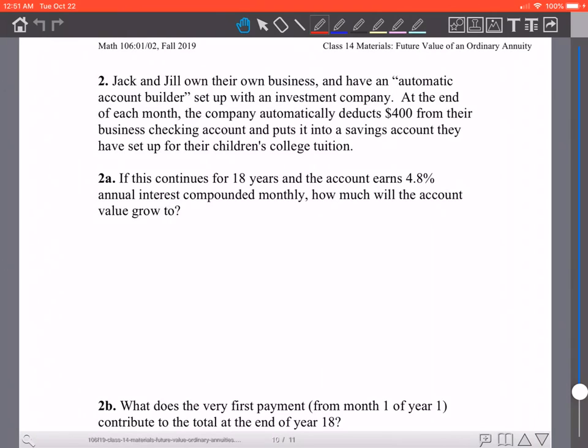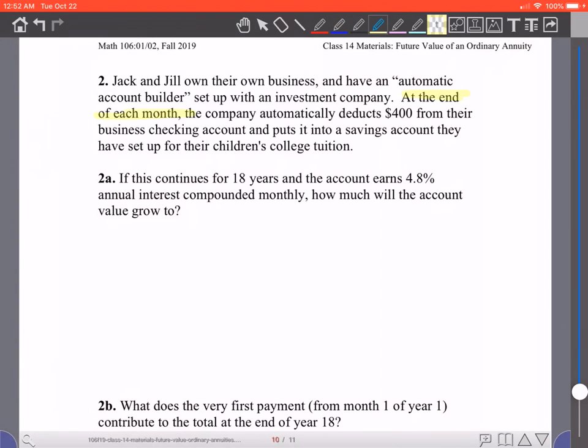I do want you to keep in mind, though, that now you can calculate various different future values of ordinary annuities. Remember, these are still ordinary, meaning we're making payments at the end of every term. So end of the year, end of the quarter. This one's going to be end of each month, and it actually says it in the problem.